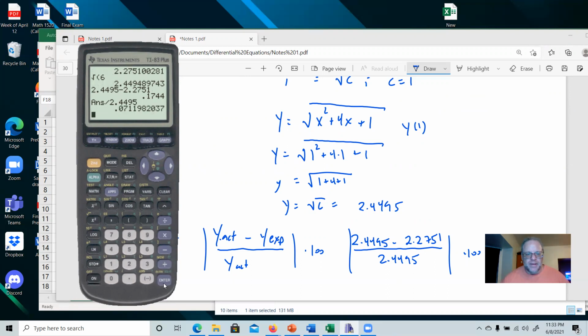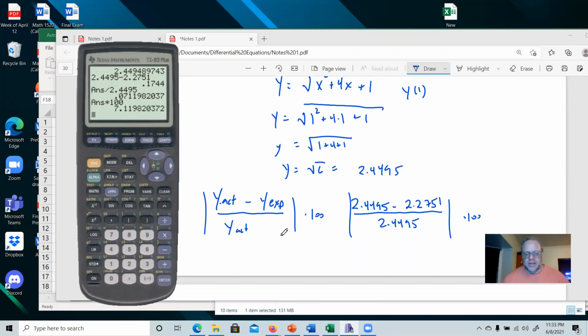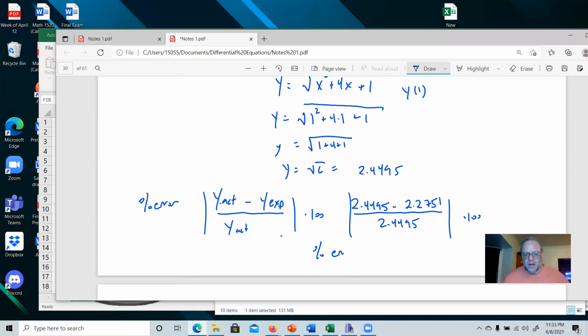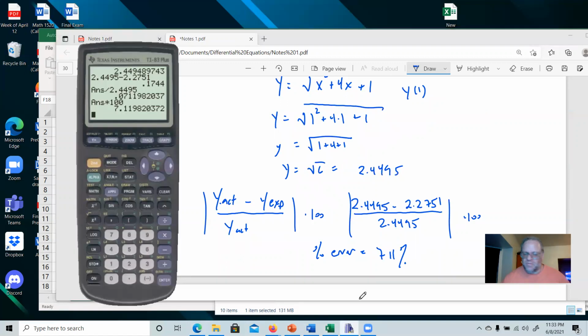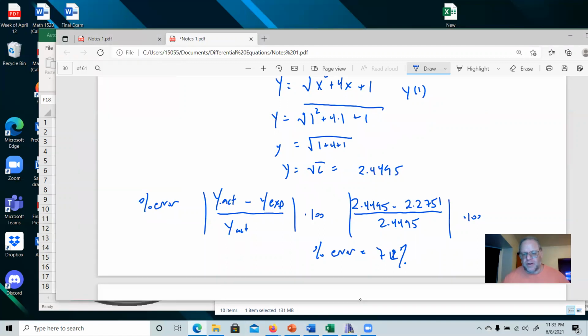Okay, and then times 100, and we end up with percent error equals 7.11%. Okay, 7.12%. Fair enough.